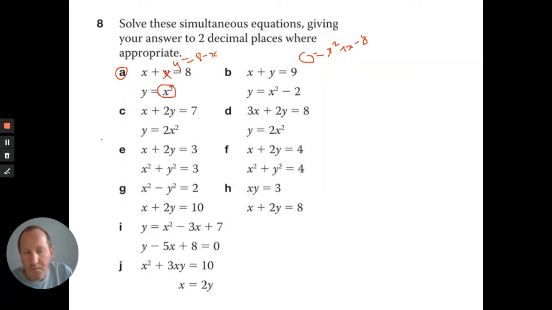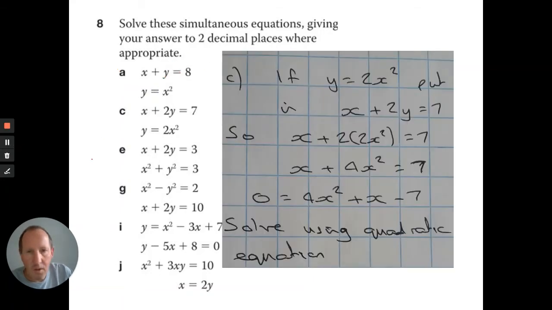I've got an example written out here for you where I've done C by substitution. So again, it tells me that y is equal to 2x squared. So I replace the y there with 2x squared because I know that y is equal to 2x squared.